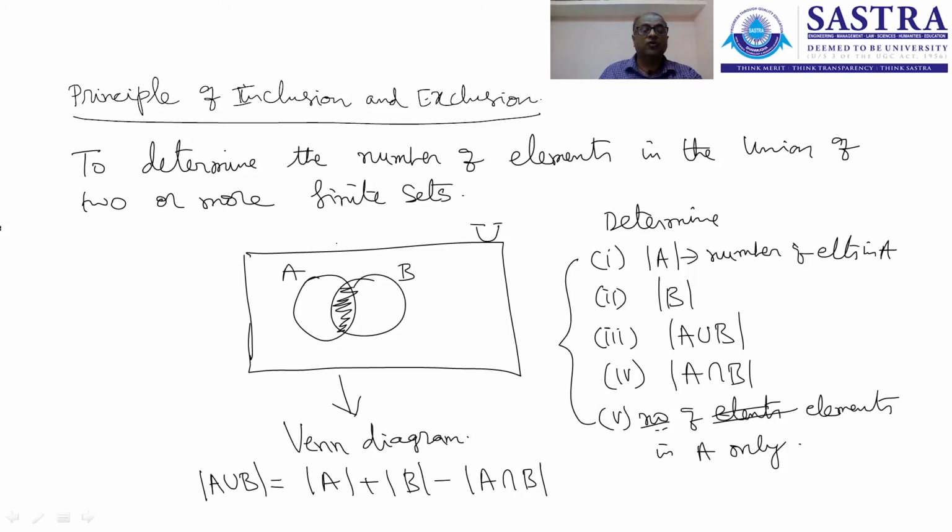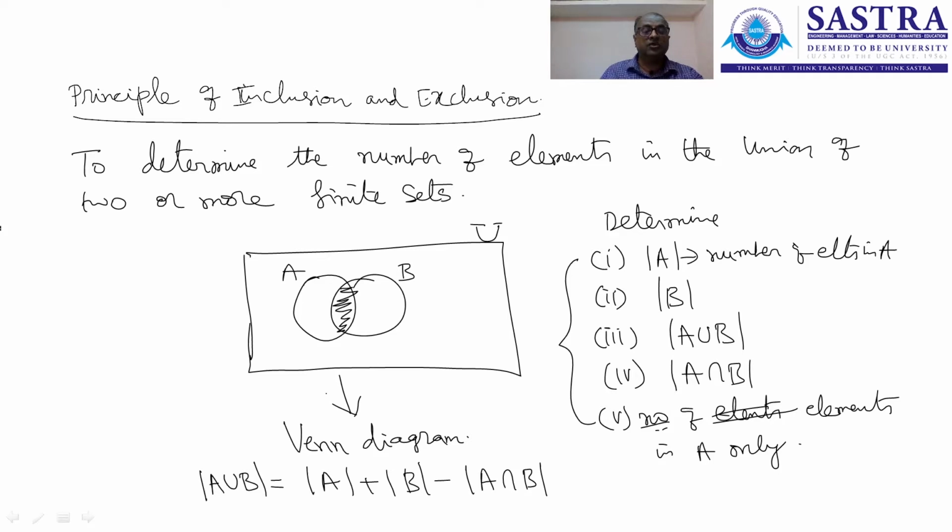So to find the distinct elements in A union B, I should subtract the cardinality of A intersection B from the sum of the cardinalities of A and B.